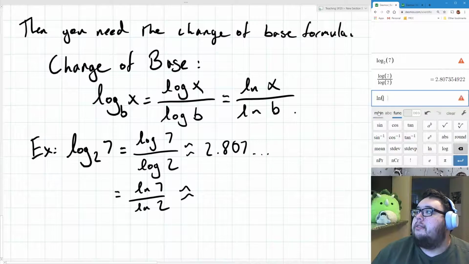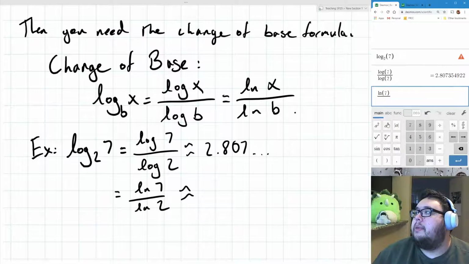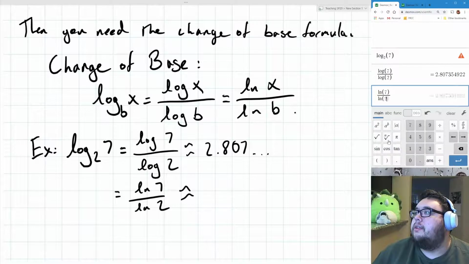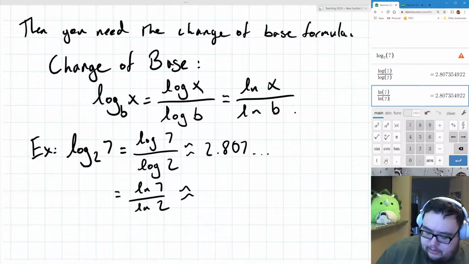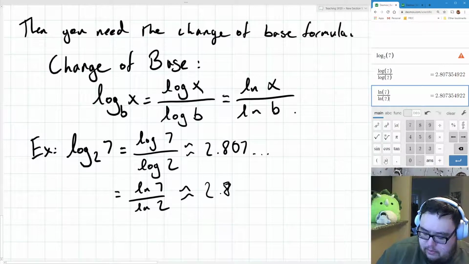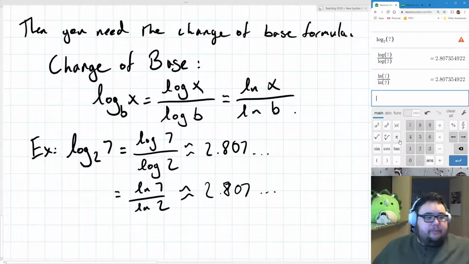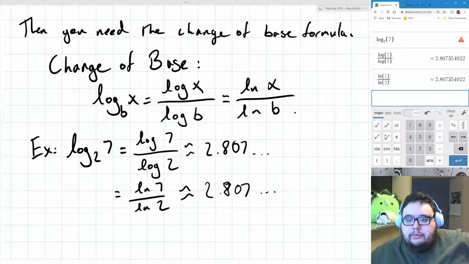So that's ln of 7 divided by ln of 2. So same thing. Okay.